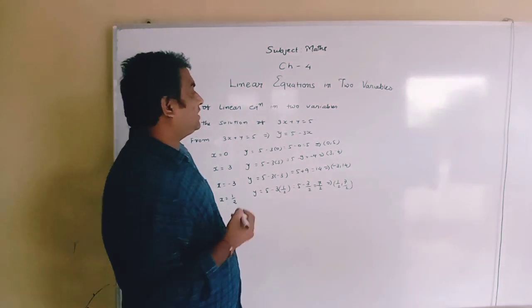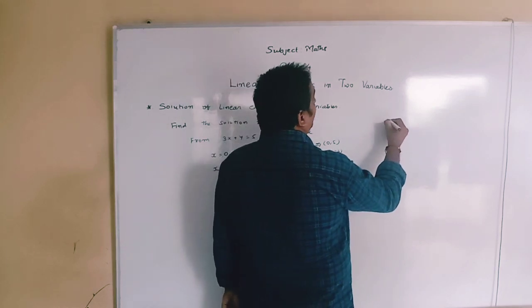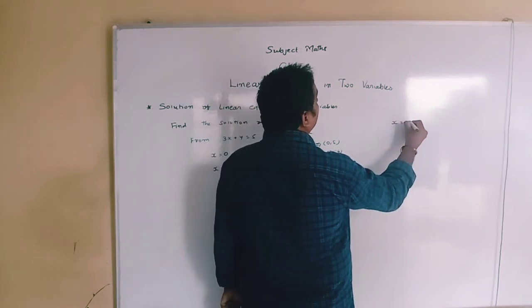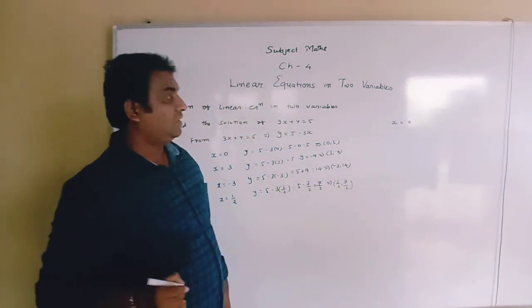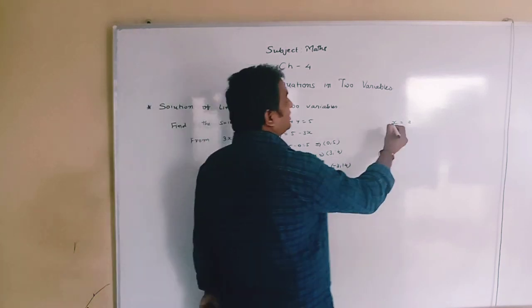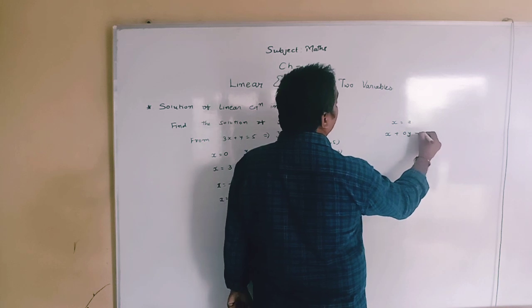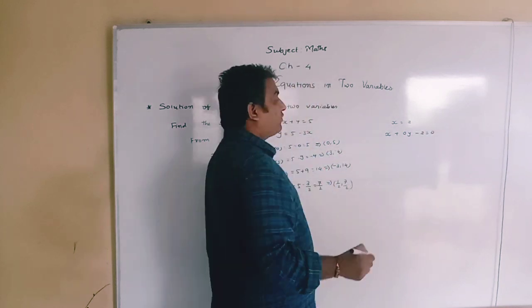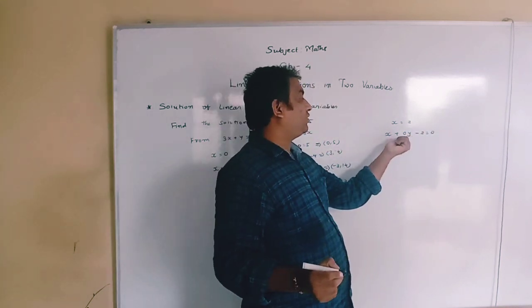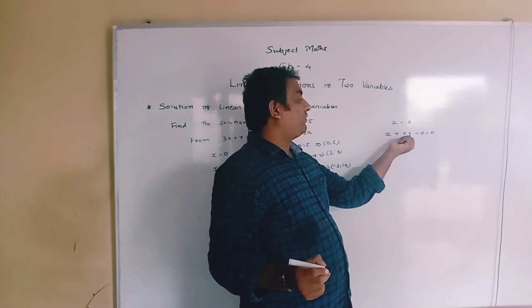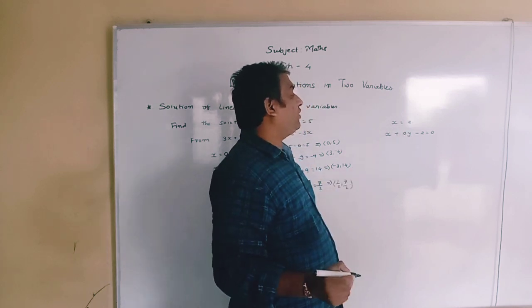Now suppose it is given to find the solution of x equals 2. Then here we write the y variable coefficient in the standard form: x plus 0y minus 2 equals 0. So y is multiplied with 0. So whatever y value we take, x will remain 2 only.